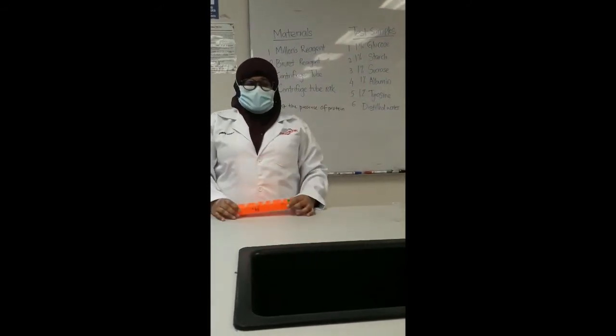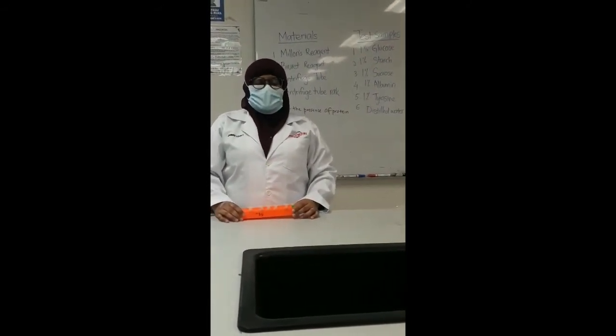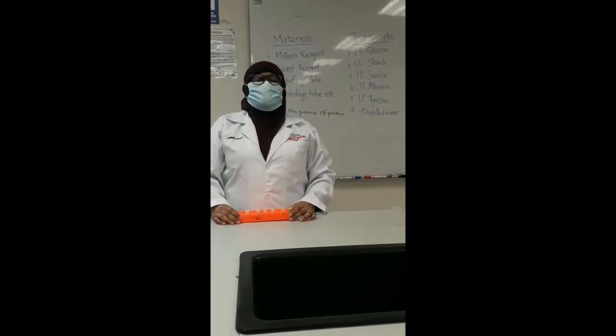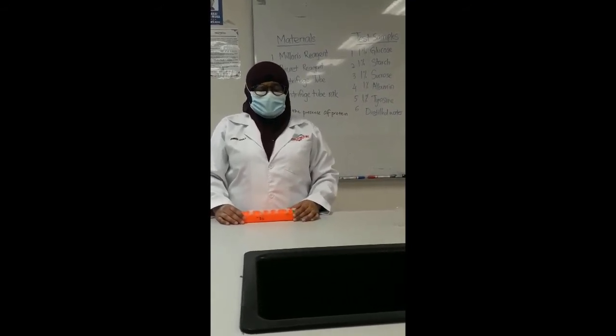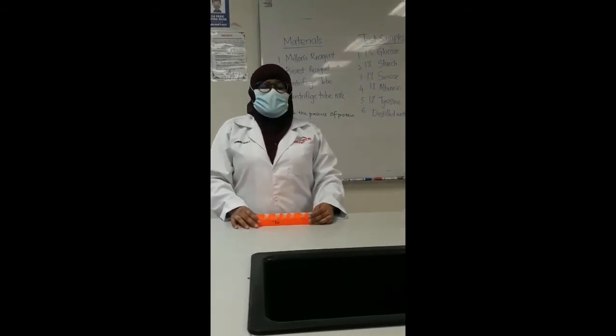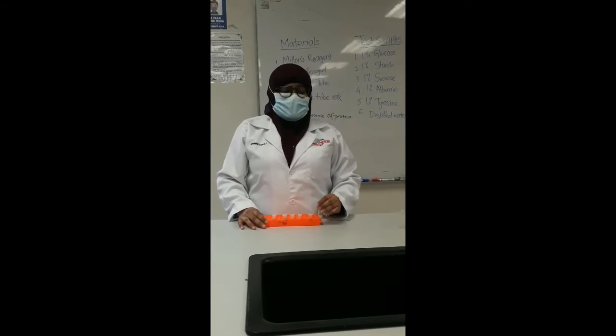In this procedure for the Millon test, we need to add 2 drops of Millon reagent into each of the tubes. So I'm going to start with 1% glucose.